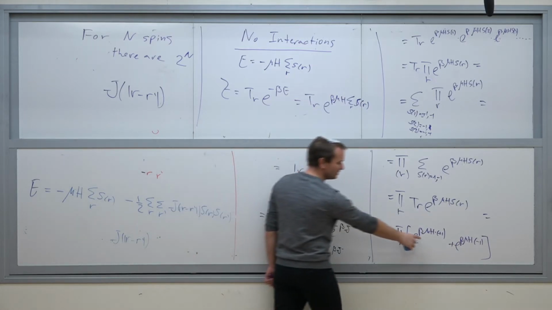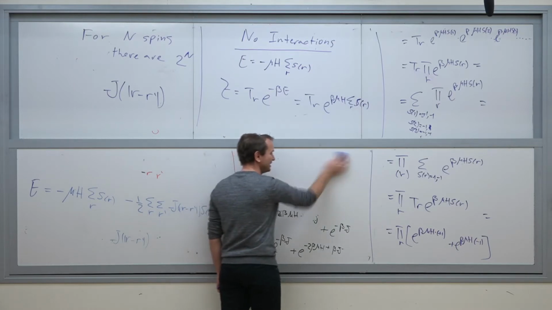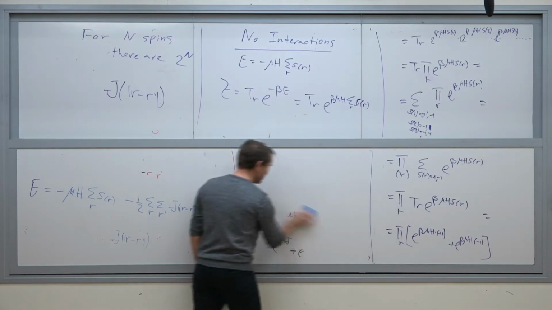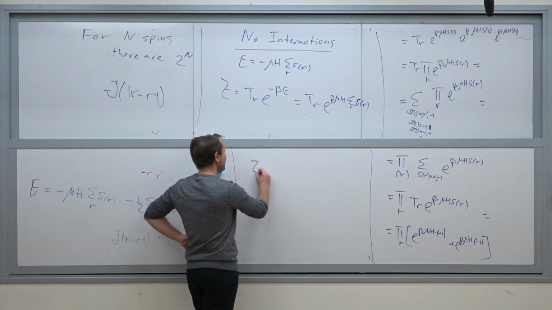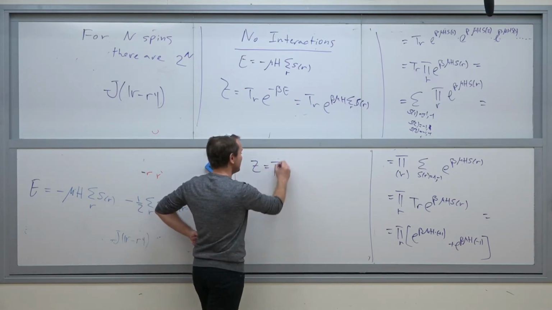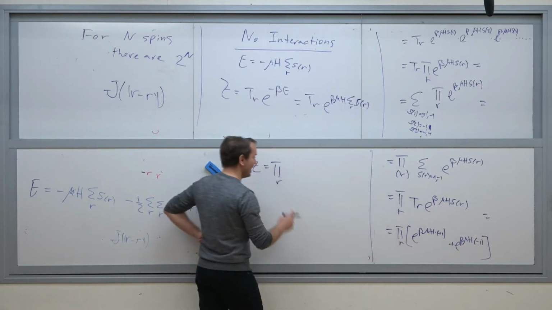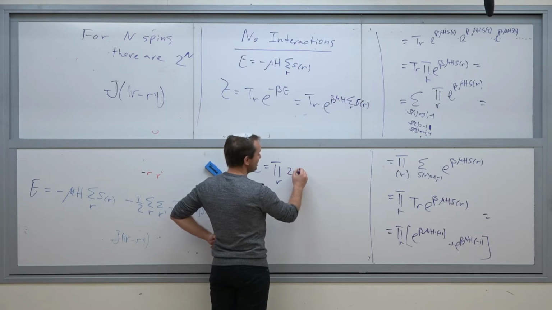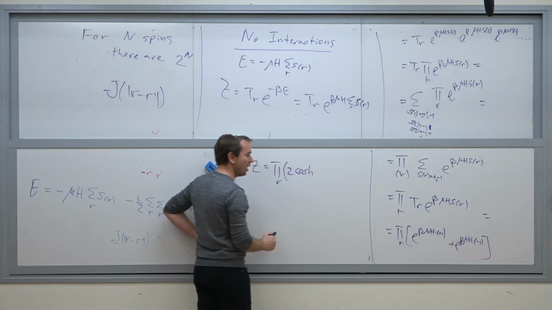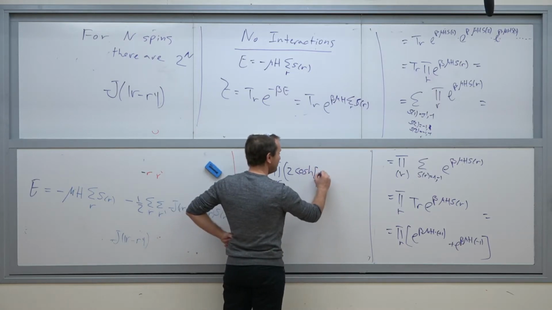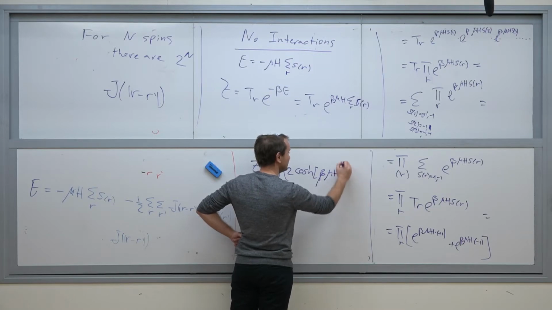Now, you see, it does not depend on r. It's the same for everybody. This is the factorization that I was always talking to you about. So what we got is that Z equals the multiplication over r of this guy, which I can write down as 2 times the hyperbolic cosine, cosh, of beta mu h.